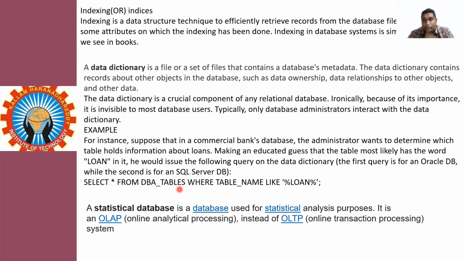Okay, but if I want all the tables that are available in your database, then by means of a data dictionary we use select star from DBA underscore tables. These are all the tables available in the particular database, from which you can retrieve a particular attribute's data. For example, ID.